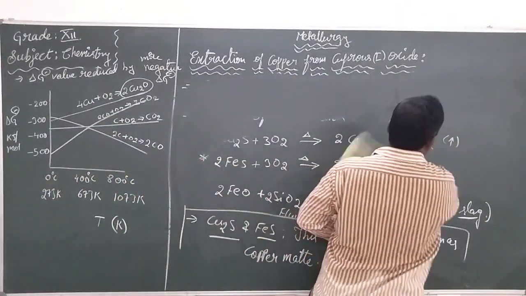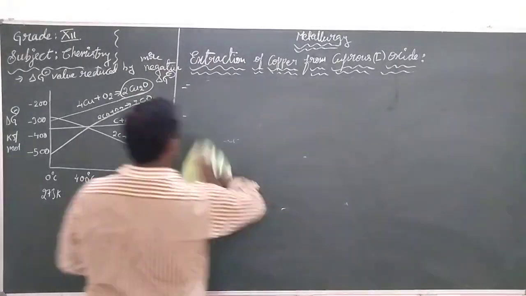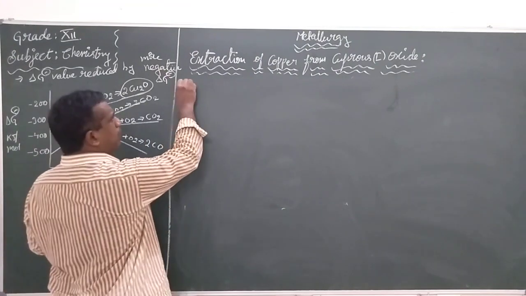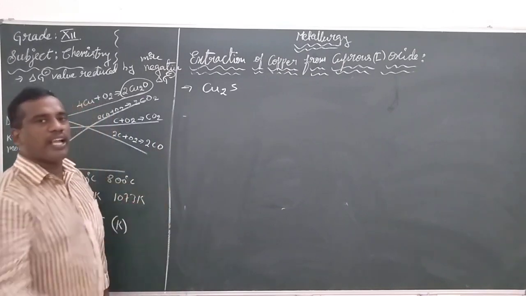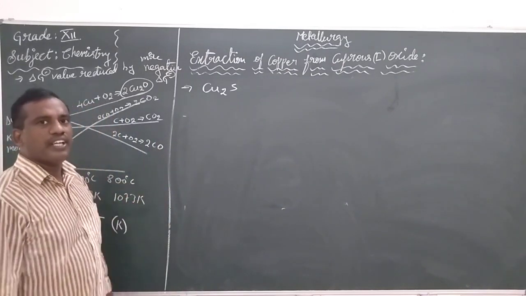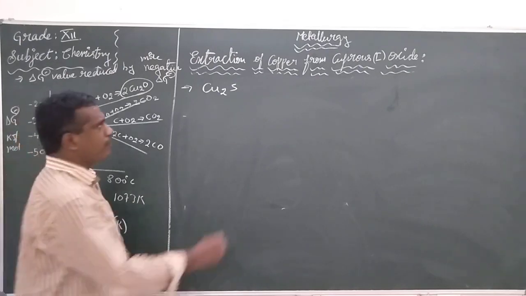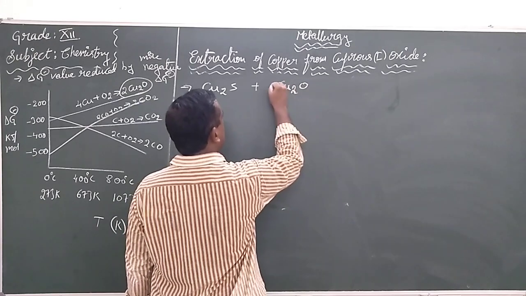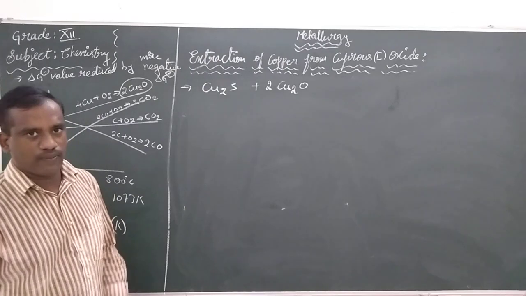A little amount of Cu2S is left behind unreacted. It will be reacting with the Cu2O formed in the course of the reaction.